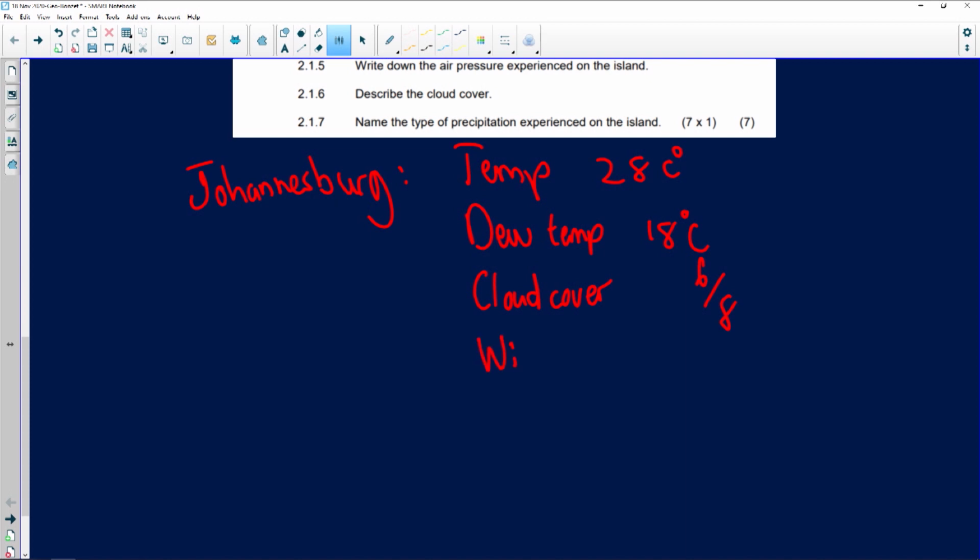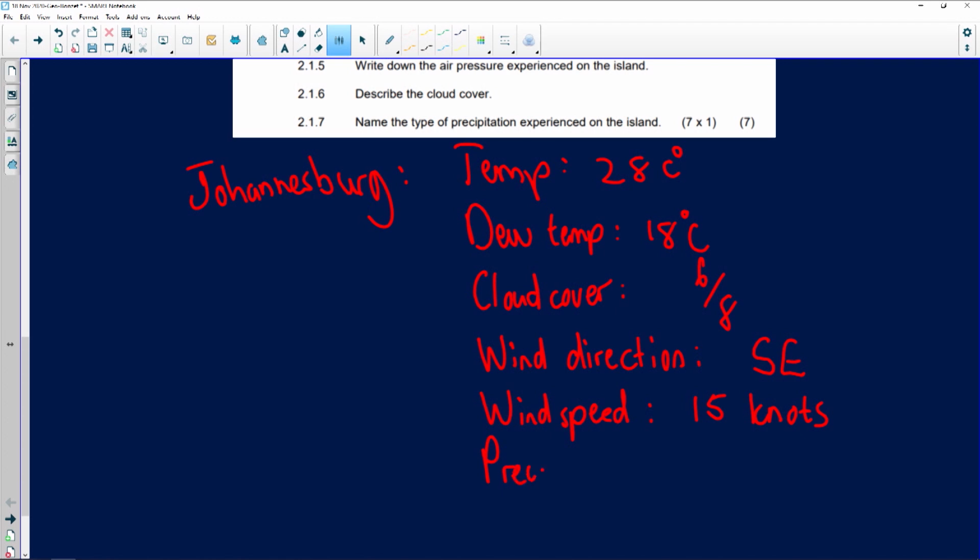Wind direction, let's say is southeast. Wind speed, let's make it 15 knots. And the type of precipitation is thunderstorms.